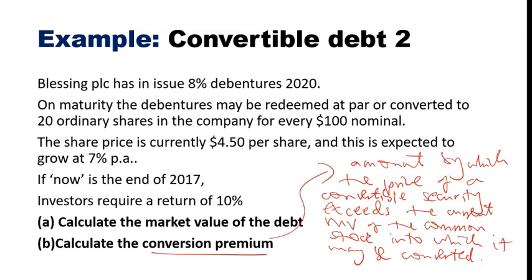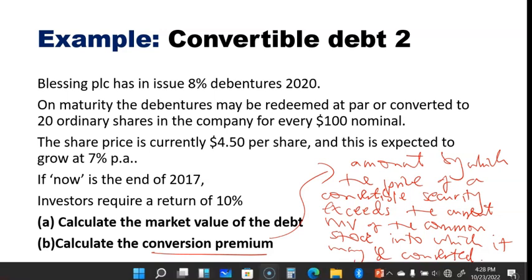So this is actually the precise definition of a conversion premium, which is the amount by which the price of a convertible security exceeds the current market value of the common stock into which it may be converted.